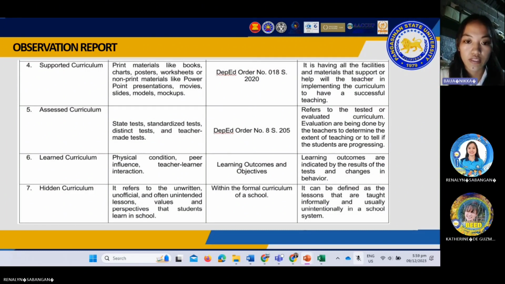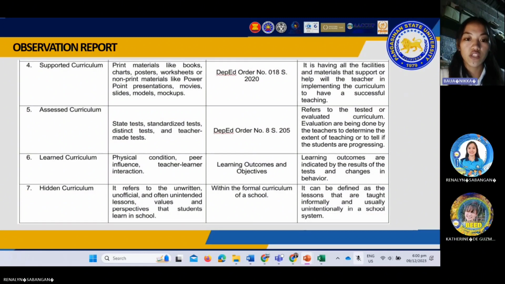The example of this is state test, standardized test, district test, and teacher-made test. It is located in DepEd Order number 8 s. 2015, and refers to the tested or evaluated curriculum. Evaluation is being done by the teachers to determine the extent of teaching or to tell if the students are progressing.